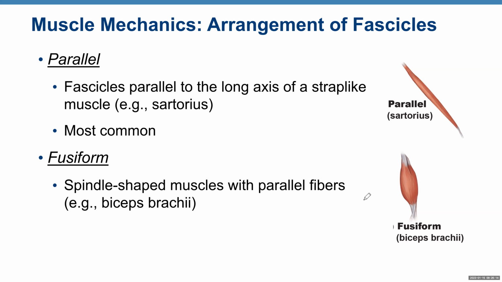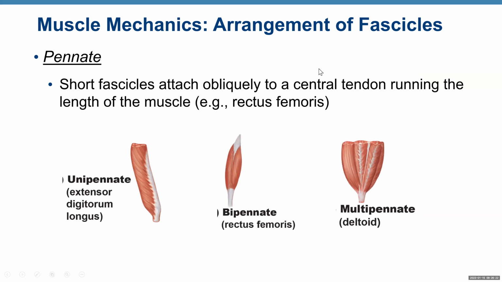In this muscle, we usually have muscles that have a big belly. Pinnate, short fascicles attach obliquely to a central tendon running the length of the muscle, for example, rectus femoris.